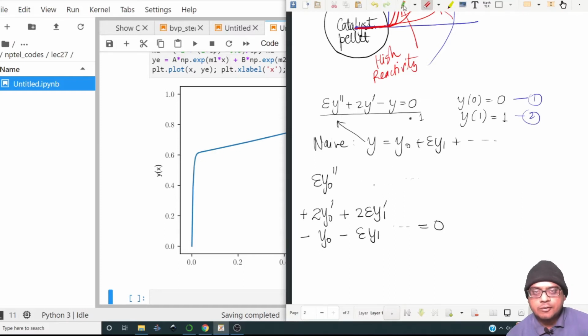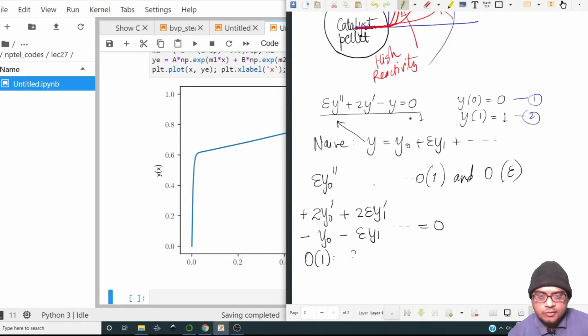So I'm just writing order 1 and order epsilon terms. So now if we isolate the various terms, at order 1 we would have 2 y0 prime minus y0 equal to 0. At order epsilon we would have y0 double prime plus 2 y1 prime minus y1 equal to 0.